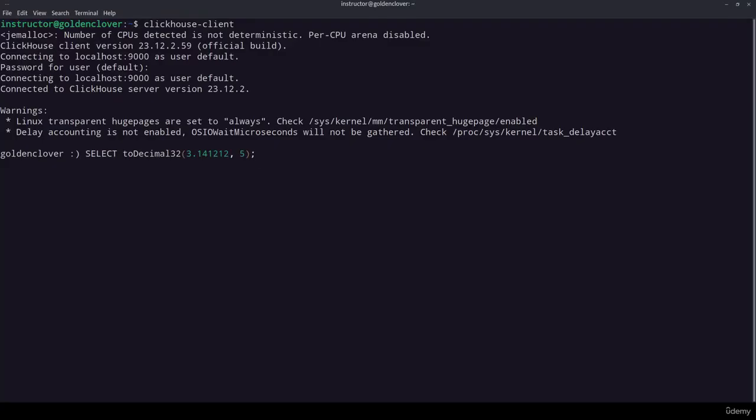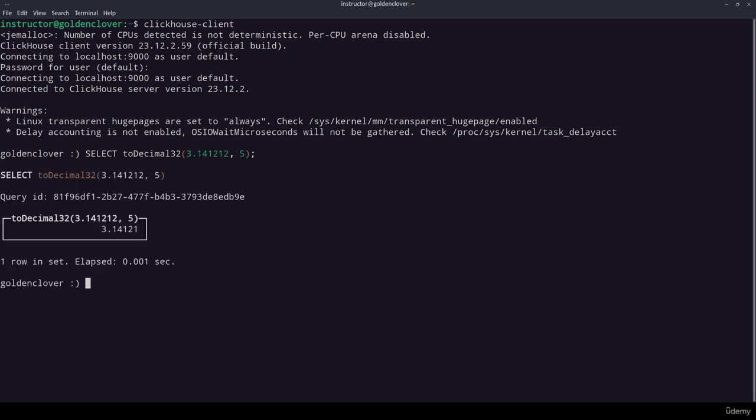In this example, I am going to convert this number into the Decimal32 data type, and the scale is defined as 5. After the conversion, we can see that we have only 5 digits to the right of the decimal point, and this is because we have defined the scale as 5. Let us look at one more example. Here, we are going to add two decimal numbers with varying precision.